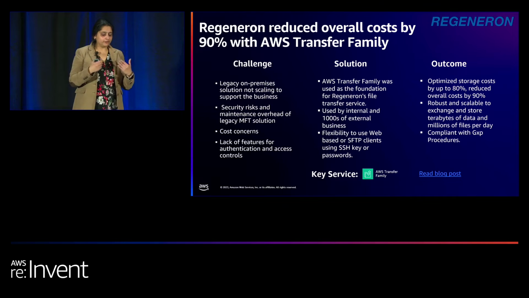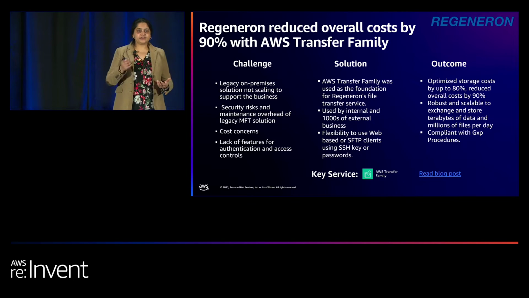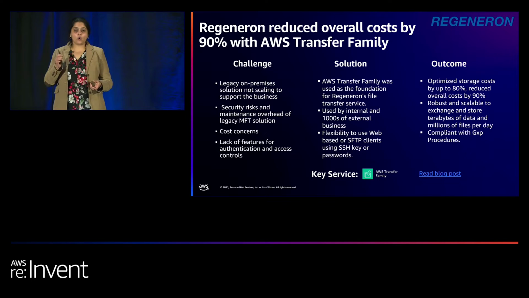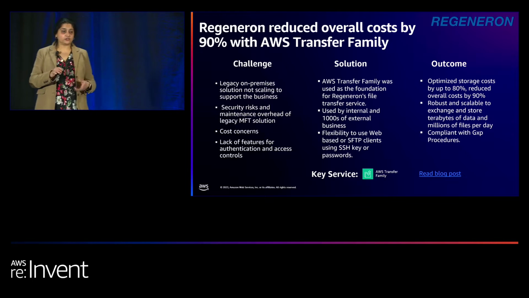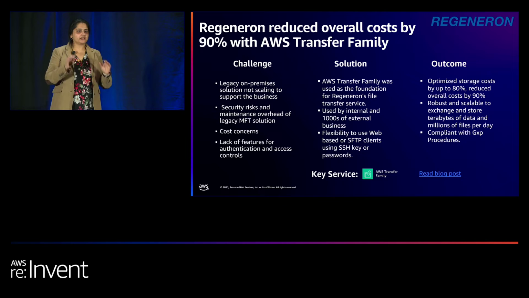And the most satisfying part of this was the outcome, right? They saved up to 80% on their overall cost, and specifically on storage, up to 90%. Just imagine that for a file transfer service that's more feature-rich, more scalable, and compliant.